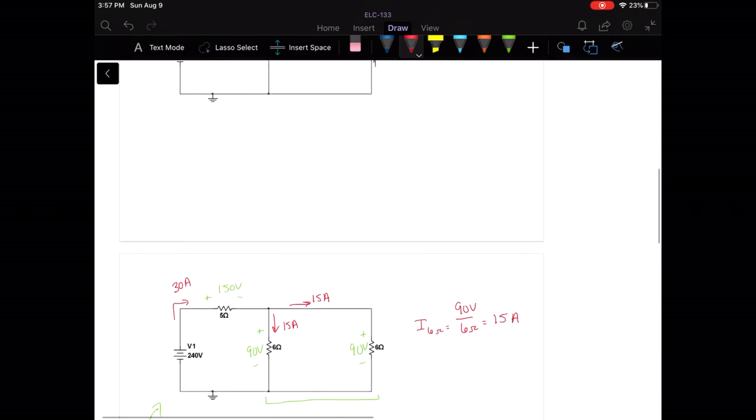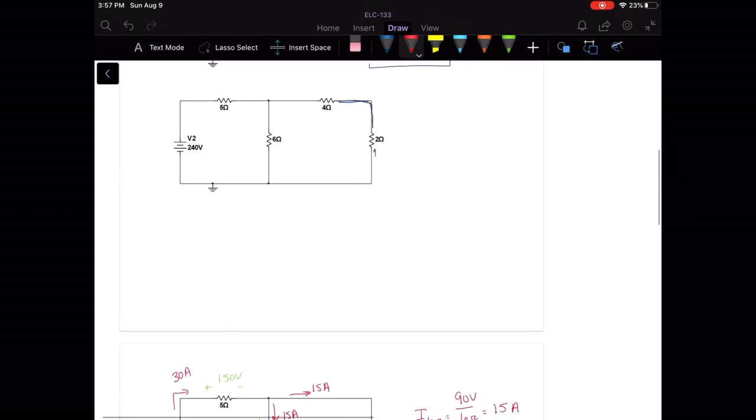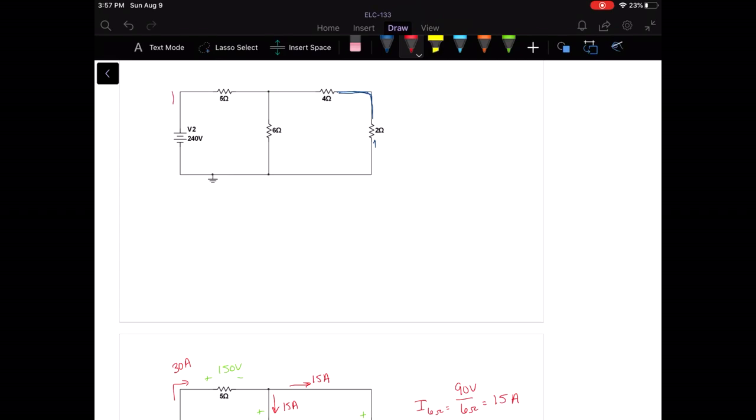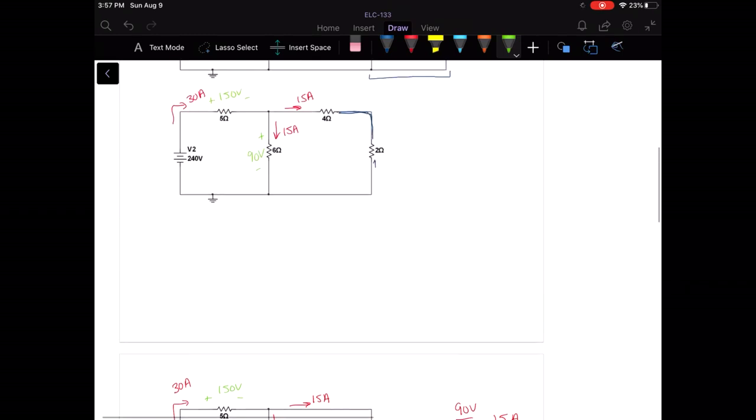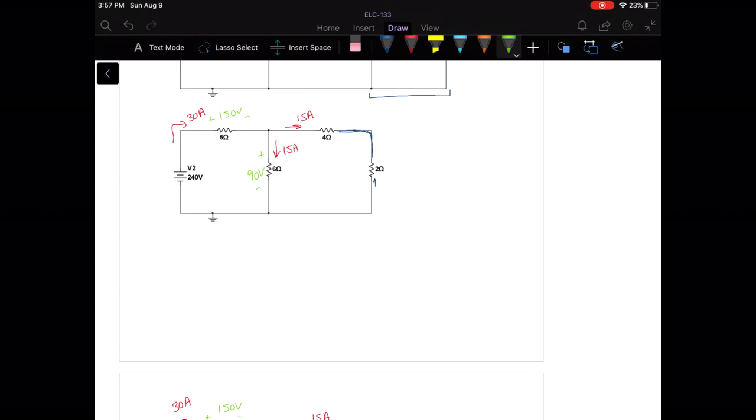So we go up to the next level and transfer everything we know. We have 30 amps coming from the source, 15 amps here, 15 amps here, and then I'm going to write in our voltages, and we know we have 90 here because that didn't change. Now from here, this 6 ohm resistor is the combination of 2 series resistors, which actually divide our voltage.